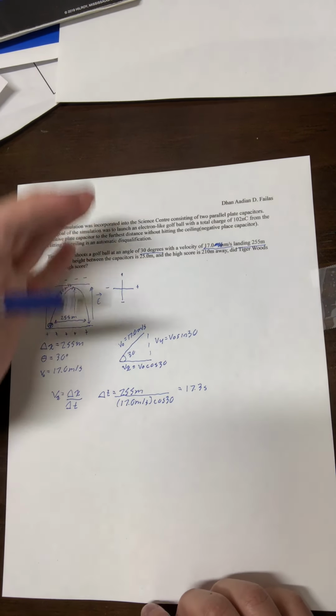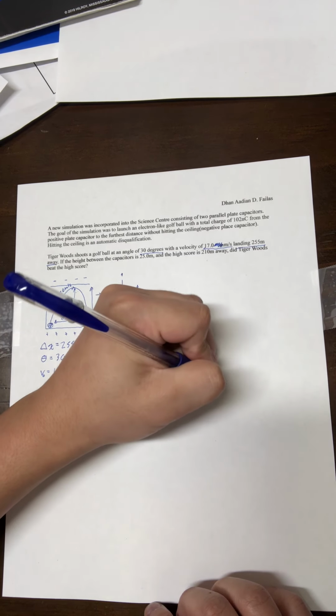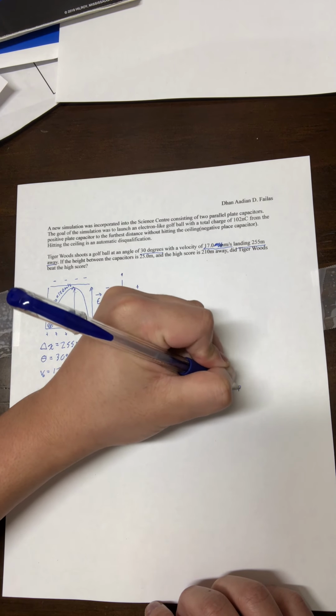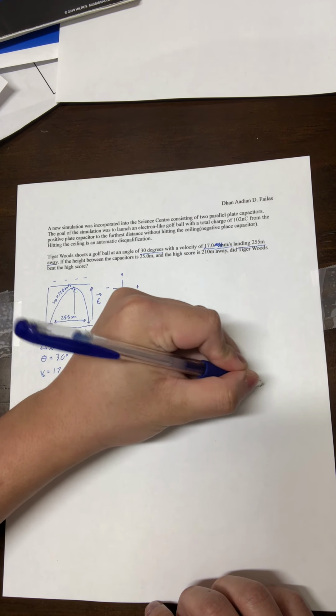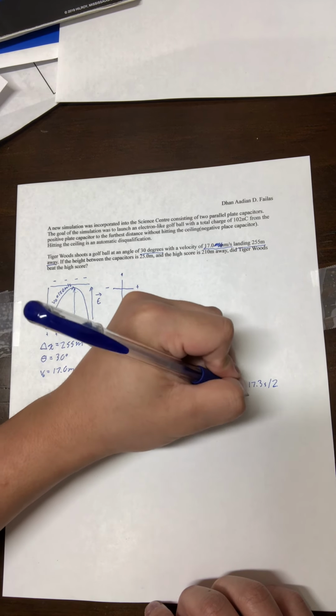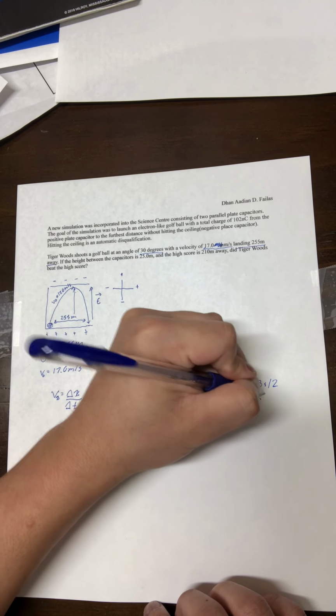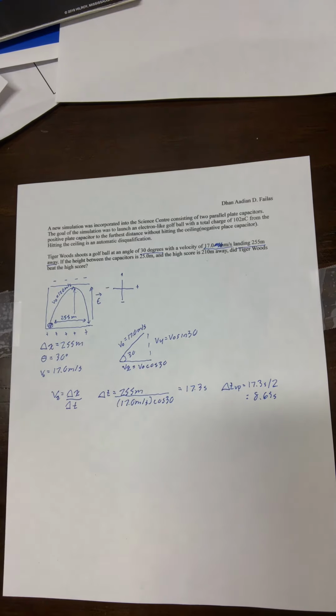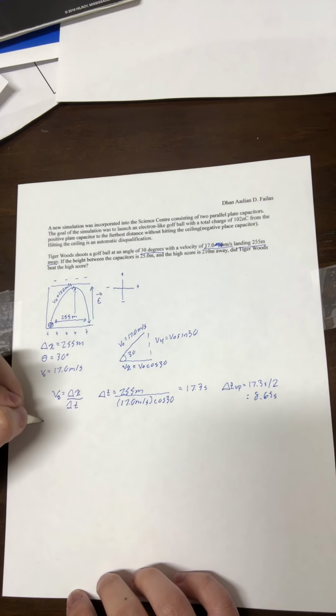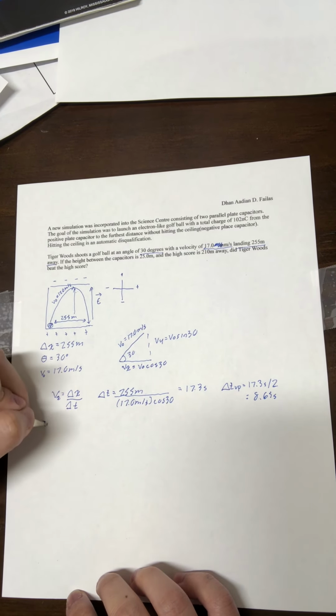And since we're only solving for one direction, which is going up, our delta t up is actually 17.3 seconds divided by 2, which is approximately 8.65 seconds. So with this time, we can now solve for the acceleration in the y direction.